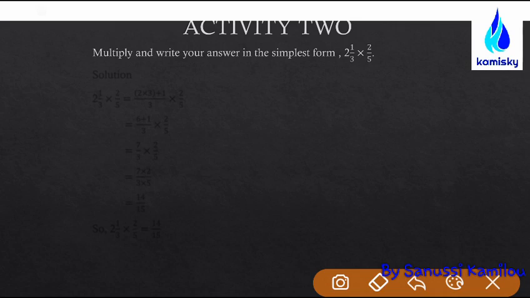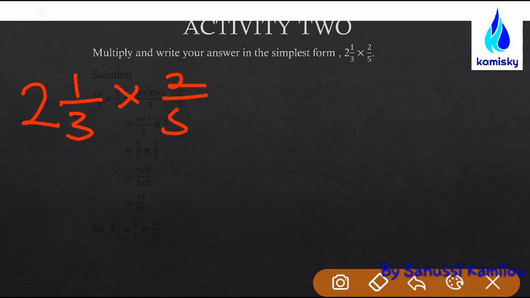So let's see. 2 1/3 times 2/5. We have said that you first of all convert the mixed fraction into an improper fraction. For that matter, we have learned how to do this.